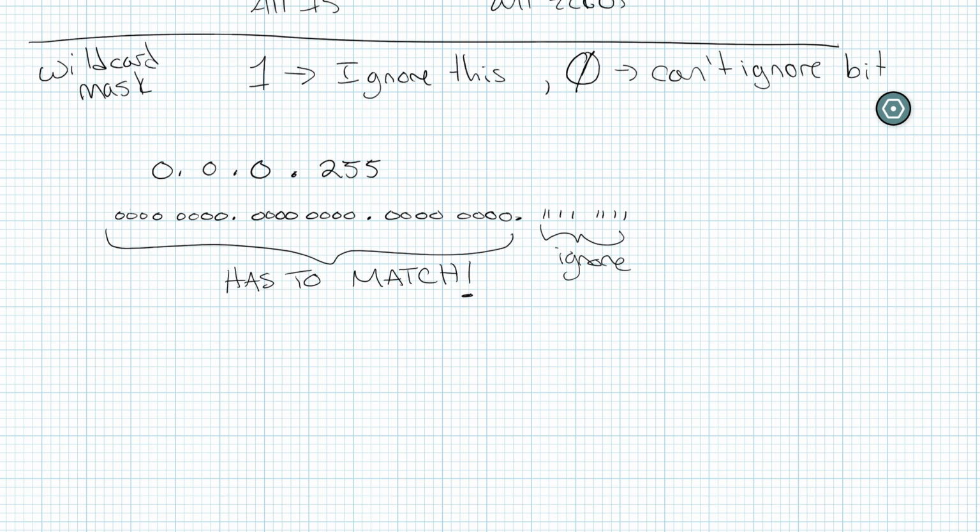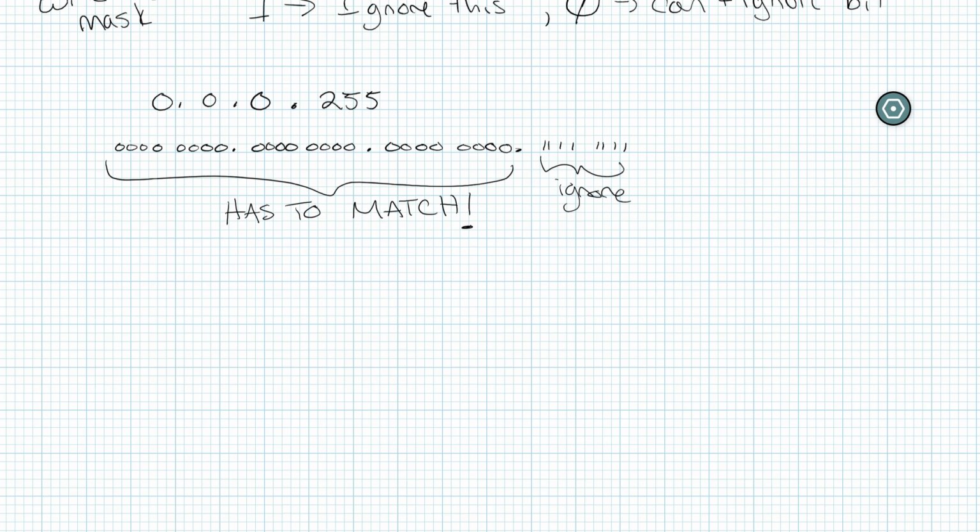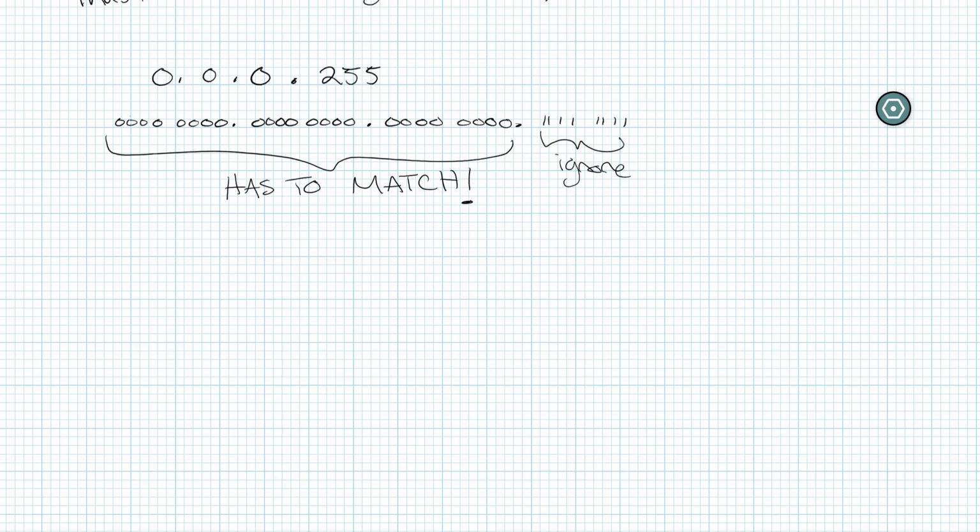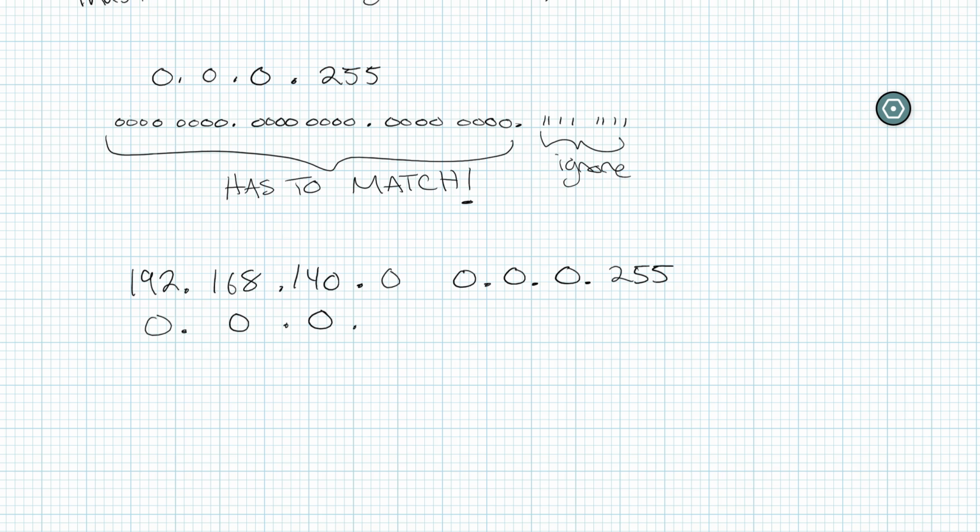Has to match. So if we're looking at an address, we're saying, okay, anything that's in the network 192.168.140.0 with the wildcard mask 0.0.0.255. What it means is that if we line these up, all of these bits need to match exactly, but these bits over here can be ignored. It doesn't really matter in the network address.